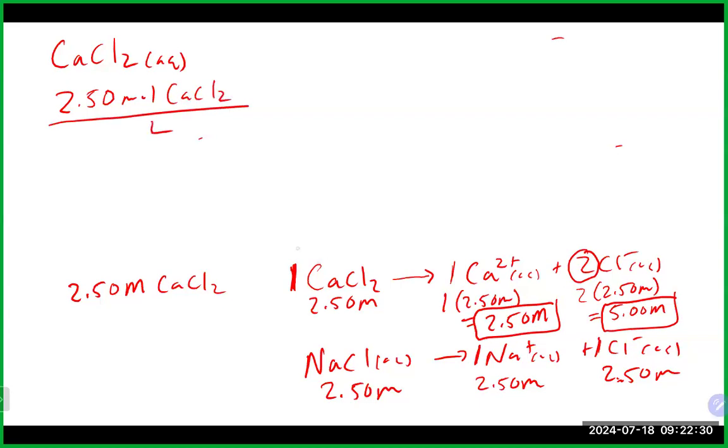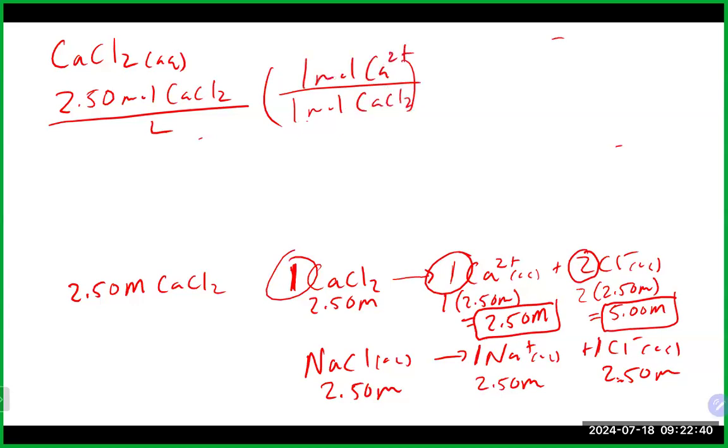We would do a mole-to-mole relationship. From the way it breaks apart, 1 mole of the whole thing gives us 1 mole of calcium ions. Moles of the whole thing cancel, giving us 2.5 moles of calcium per liter, which is our 2.5 molar of calcium ions.